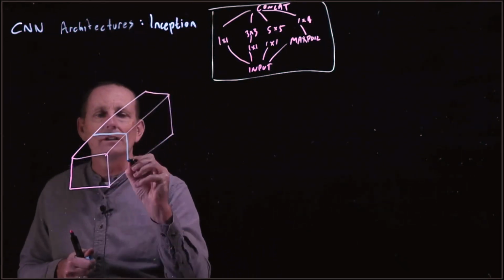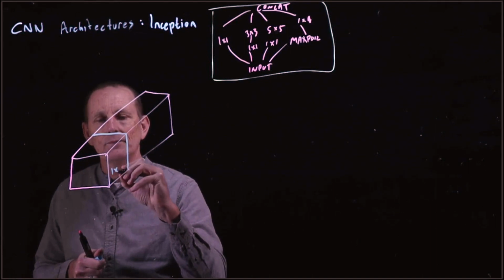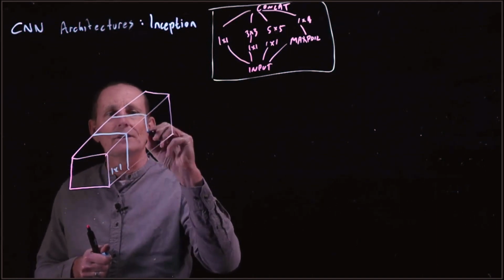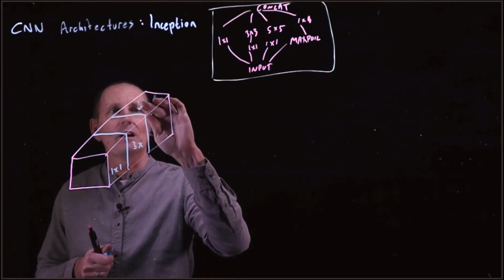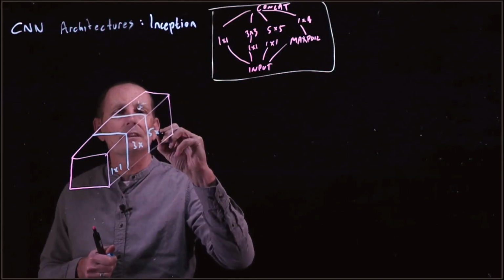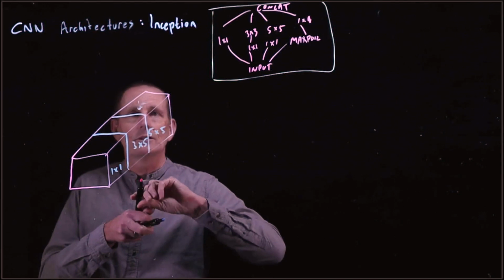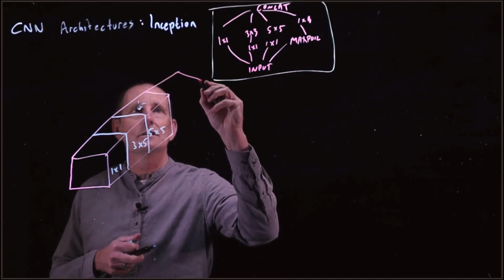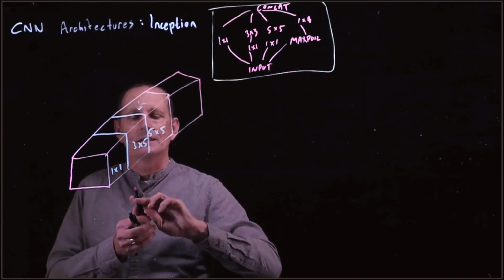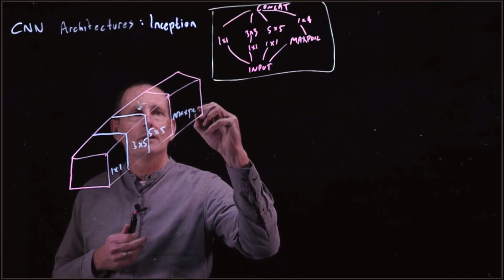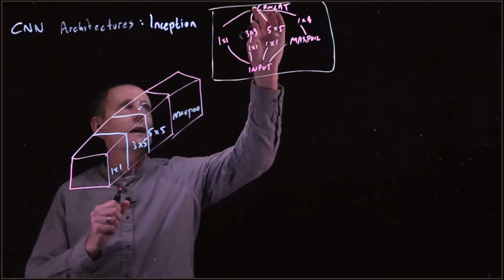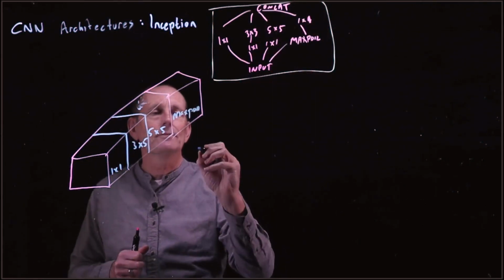We've got the part that's the 1x1, the part that's 3x3, the part that's the 5x5, and the part that's the max pool. So this represents the concatenated output from this layer.